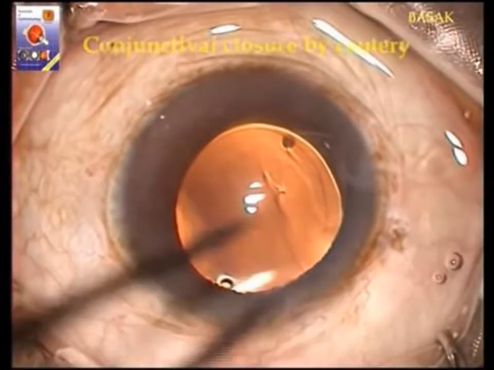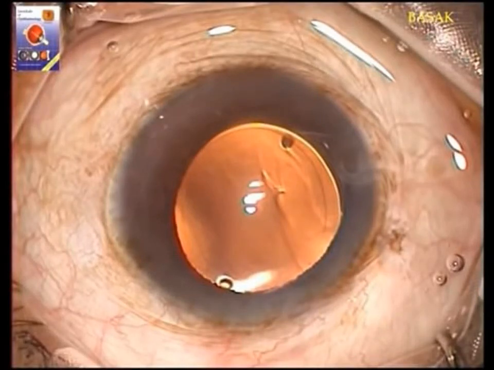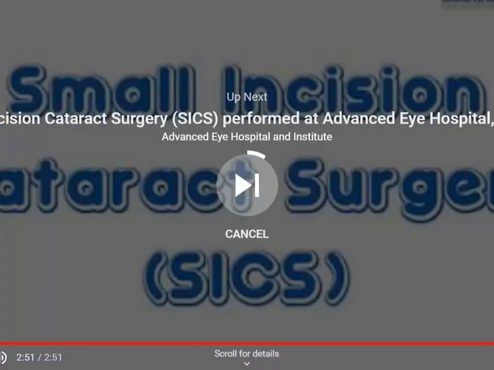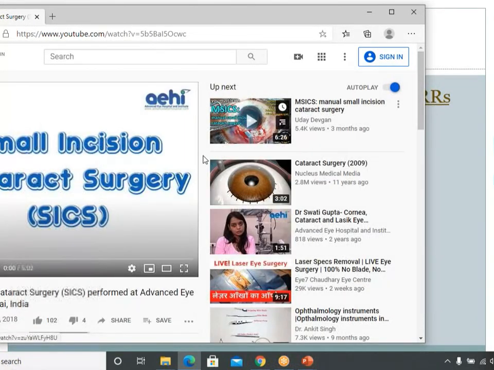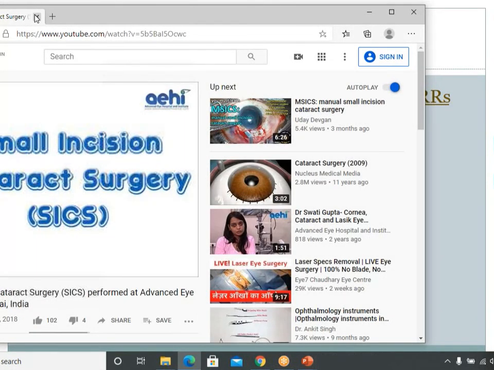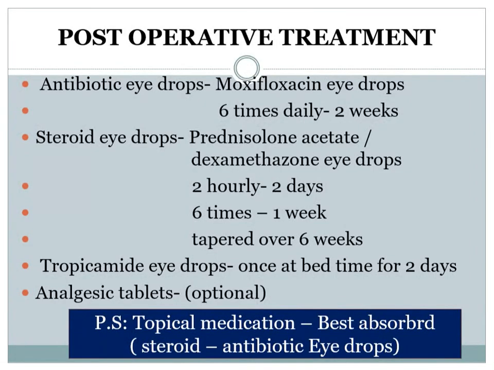And now he is cauterizing the conjunctiva and closing it. You saw that they have not applied sutures, isn't it? So that was about the small incision cataract surgery. So if you have any doubts, you can ask me. Otherwise, we will end the class.